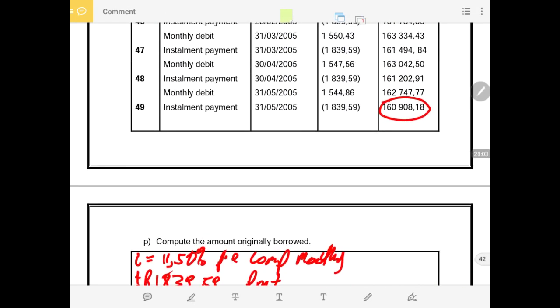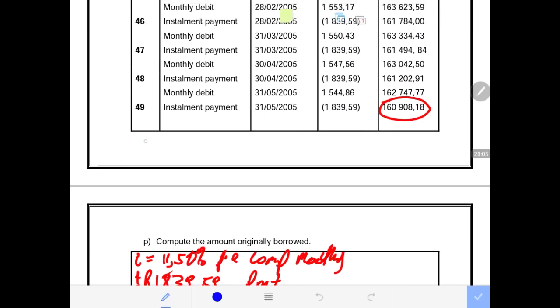Now let me just go to your statement and just give you an overview of what I'm talking about here. Remember, payment number 50 is at 12%. Just want to say that, which is the first. Payment number 51 is at 12%. Remember, the previous payments were at 11.5%. Now, payment number 52 is at 12%.